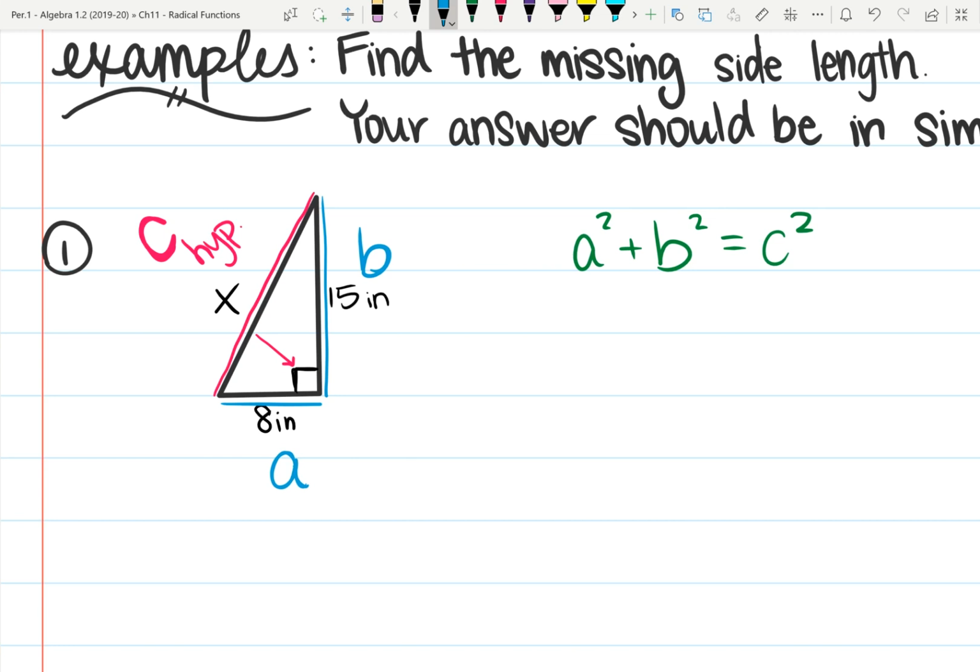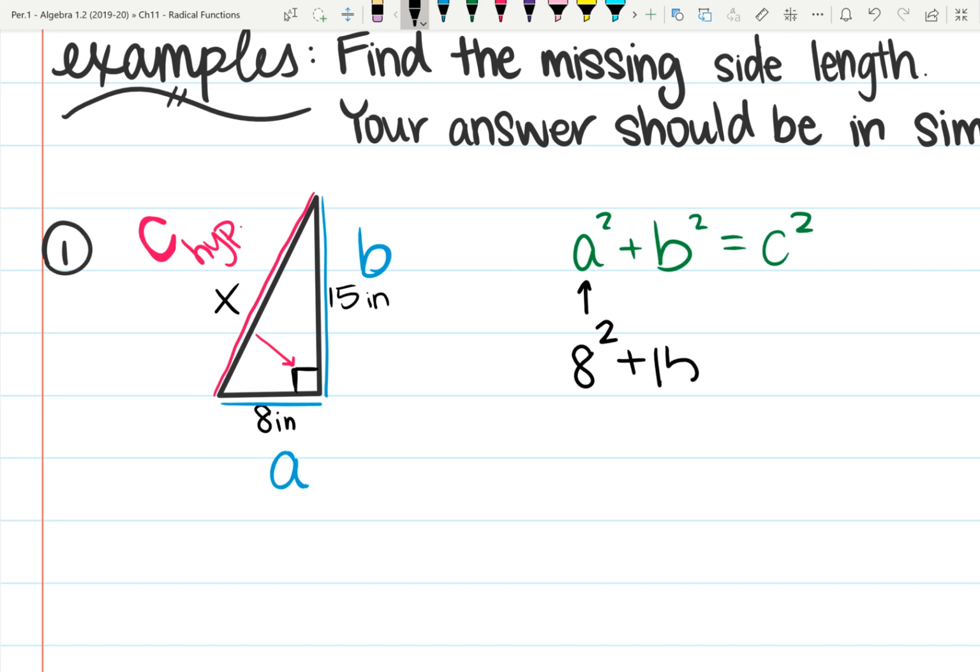So anyways, what I'm going to do is take these values and plug them into my Pythagorean theorem, starting with A, right? So what is A? If I look at my picture, I decided to label A 8 inches. So I'm going to replace A with 8. So this will be 8 squared plus B. In this case, B is 15.